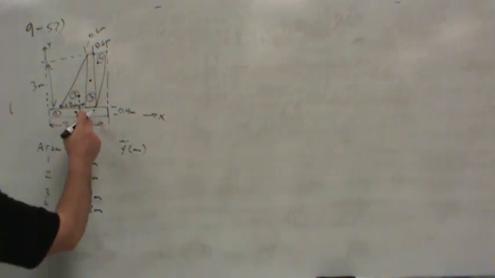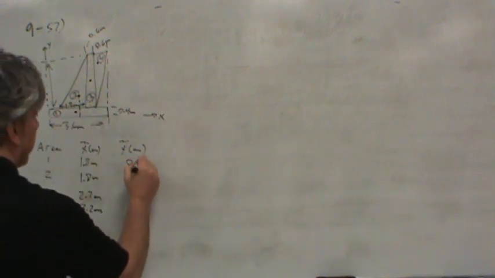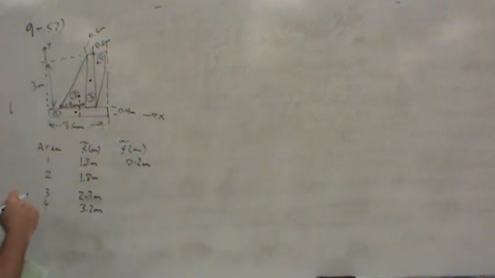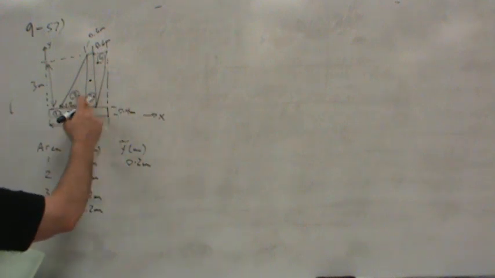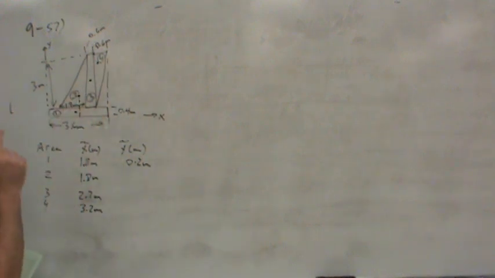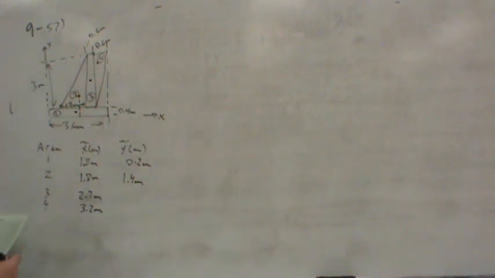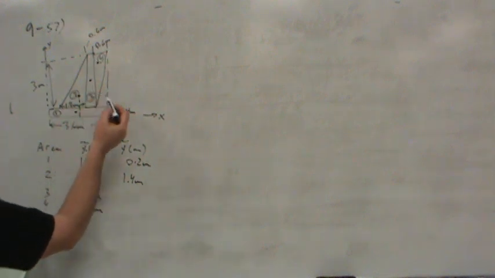Anyway, area 1 has a height of 0.2 meters for its centroid. Area 2 would be at 0.4 meters plus a third of the height, so plus a meter, which should be 1.4 meters. I'm going to verify as I go to make sure that I'm thinking right. Of course, you can tell already that I've made mistakes on my sheet, but that's okay.